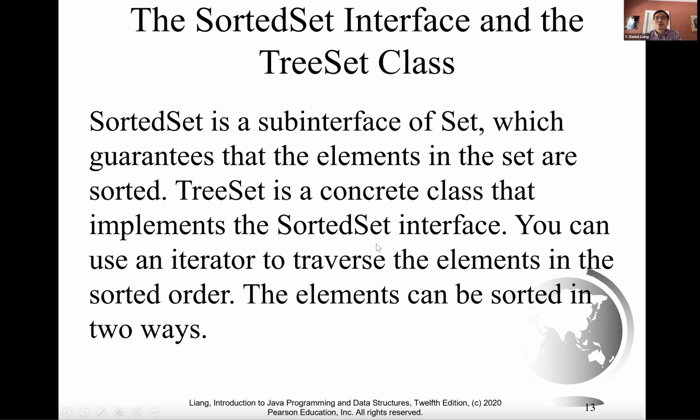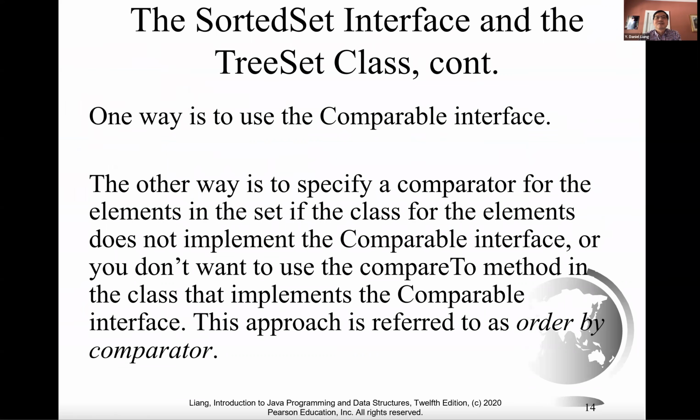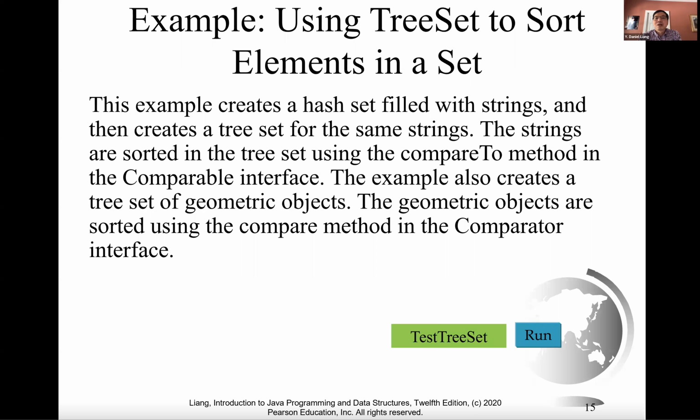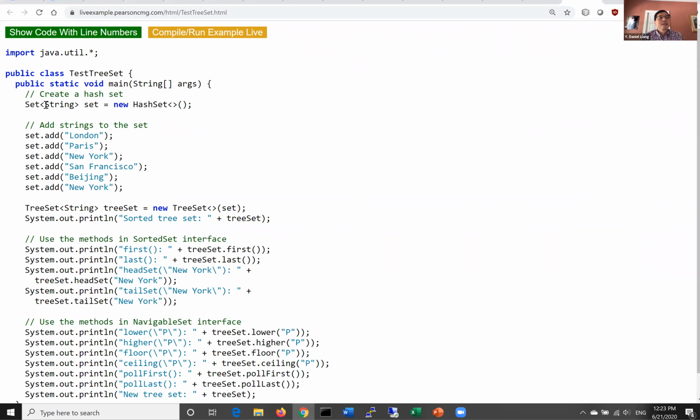Now let's look at the sorted set, called a tree set. The elements in the tree set are sorted in the natural order using the comparable interface, or in a specified order using a comparator. This is the test program.